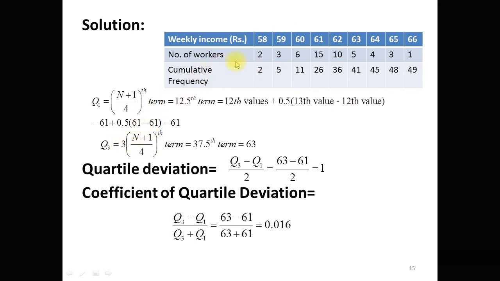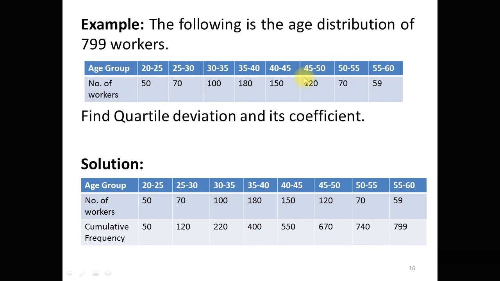And if values and frequencies are given, we need the cumulative frequency. And if the grouped data is given in the form of classes, in this case we also need the cumulative frequencies.